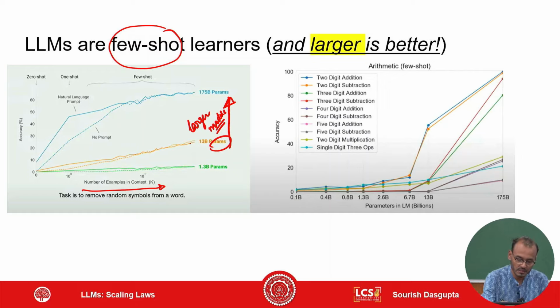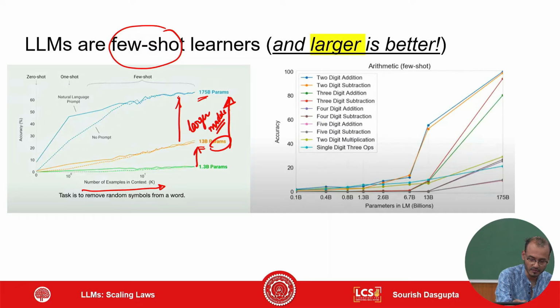Here is the jump: with 13 billion parameters, as you climb up to 175 billion parameters, you suddenly see a jump in performance.